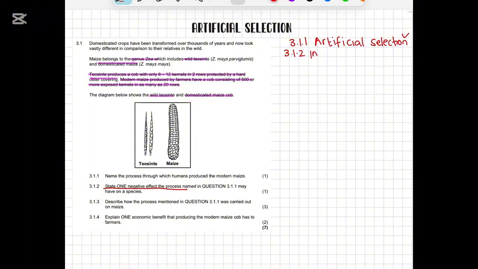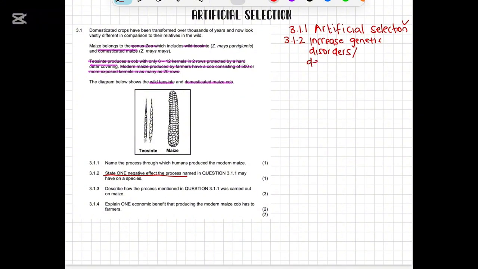So in this case, it can increase chances of having genetic disorders and, I think the first one would have been, decrease in biodiversity. Or we could say that it decreases the gene pool. Just to explain, the gene pool is the number of genes present in a population, so variation would be decreased.